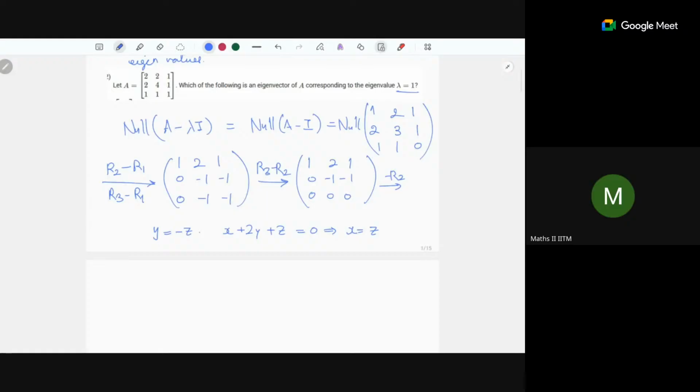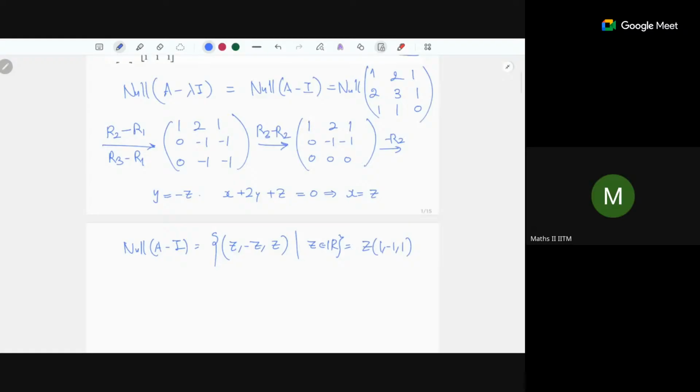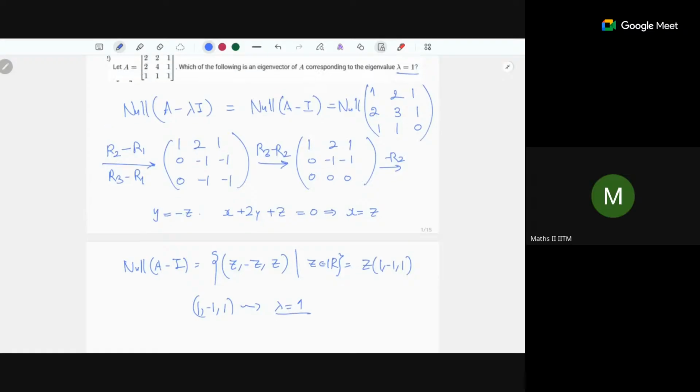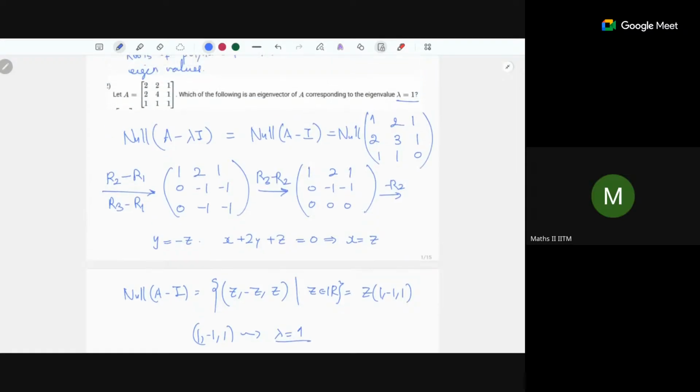The null space of A minus I is (z, minus z, z) with z in R. So the eigenvector would be z times (1, minus 1, 1). So this is my eigenvector, corresponding to lambda equal to 1 for this matrix. This is how you find the eigenvector corresponding to a given eigenvalue: you need to compute the null space of the matrix.